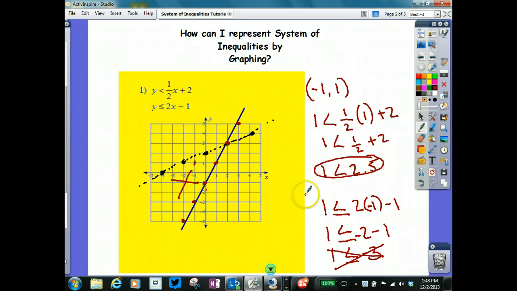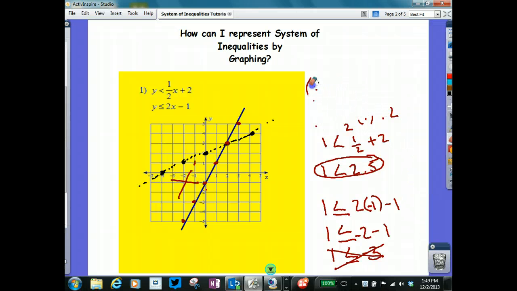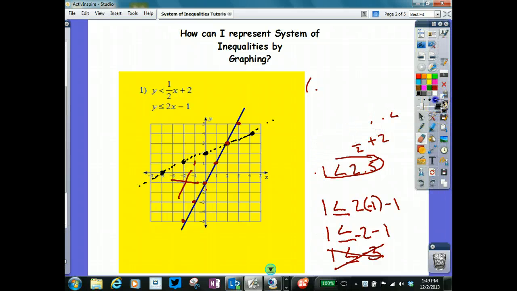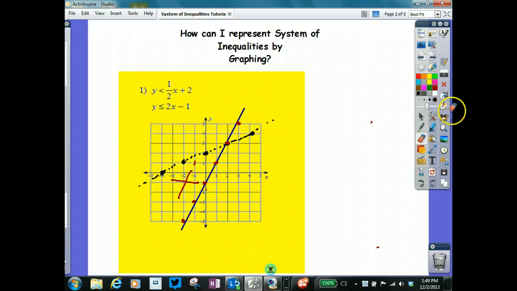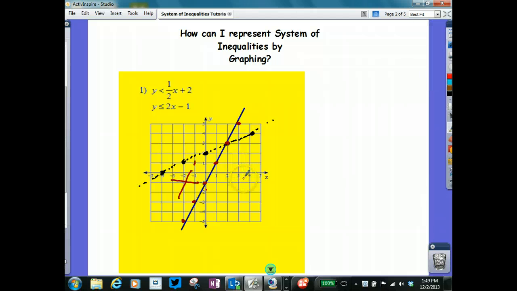Let's go ahead and check another spot. Let me erase this. Now I'm going to choose a different one. For this area here, let's choose 2, 1.